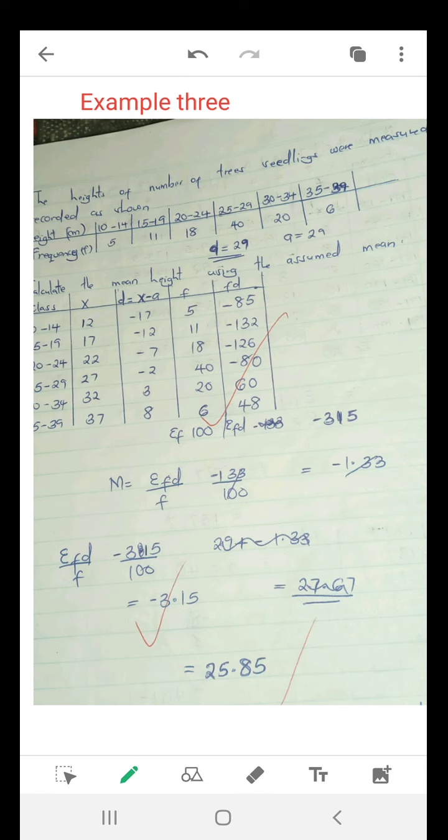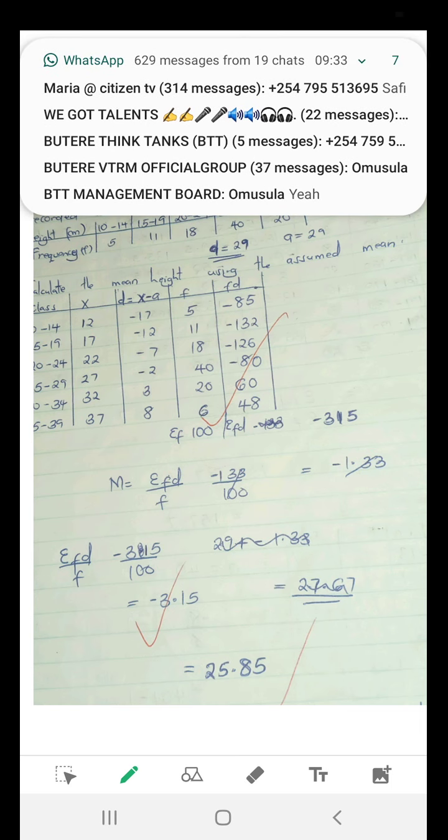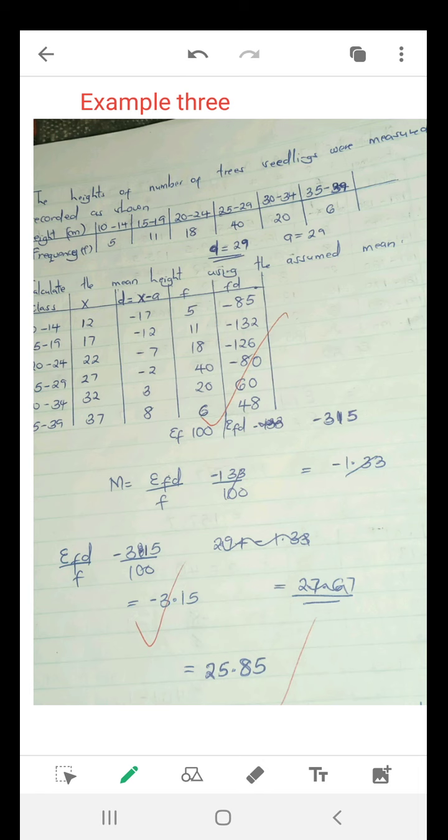So they group them. Seedlings with a height of 10 to 14 centimeters were 5. Those of 15 to 19 centimeters were 11. Those of 20 to 24 centimeters were 18. Those of 25 to 29 centimeters were 40. From 30 to 34, they were 20. Then from 35 to 39, they were 6.